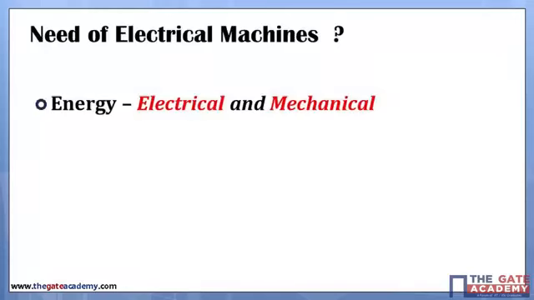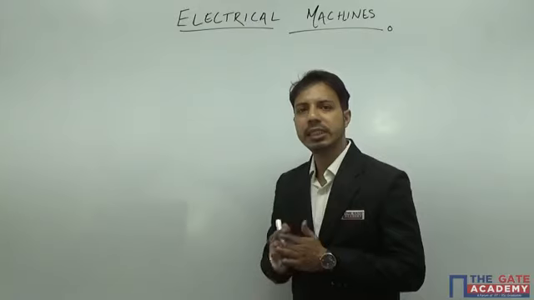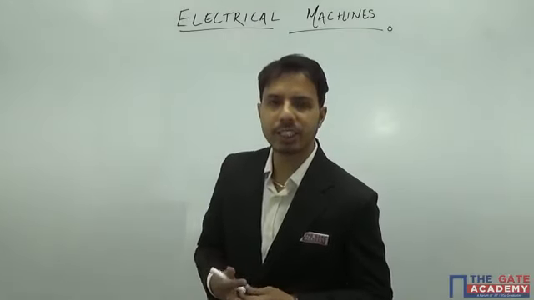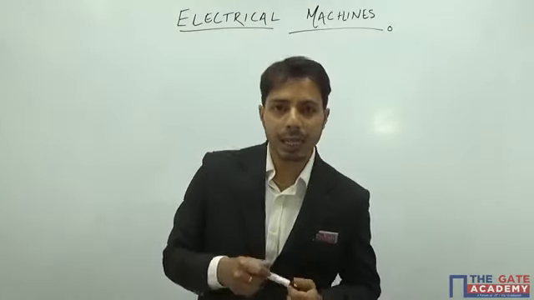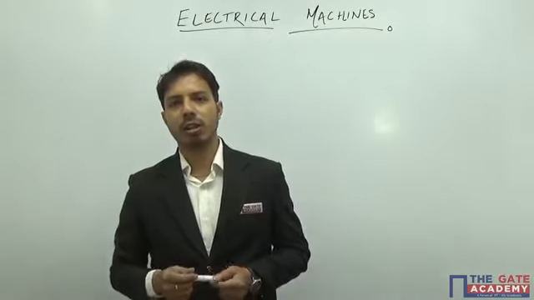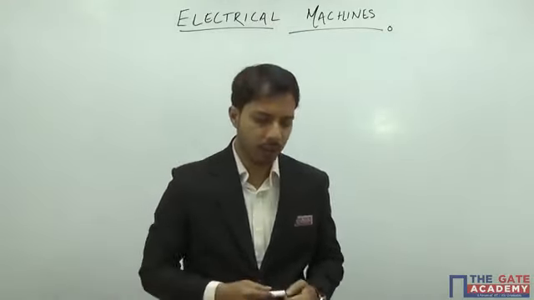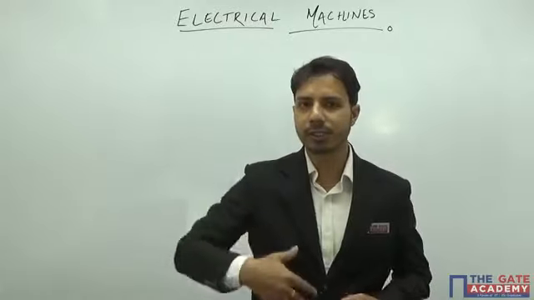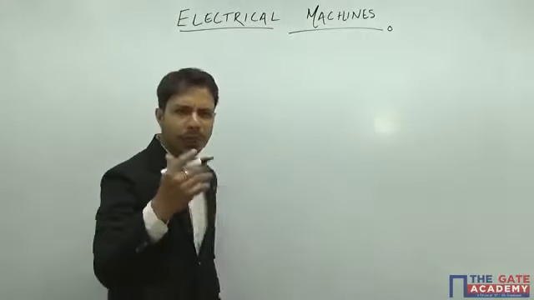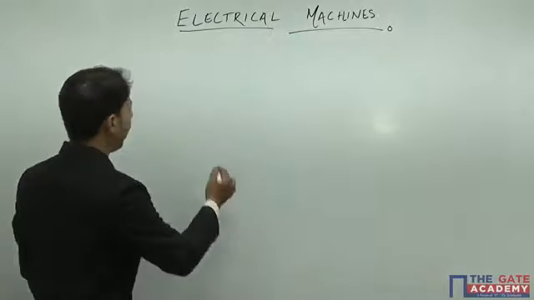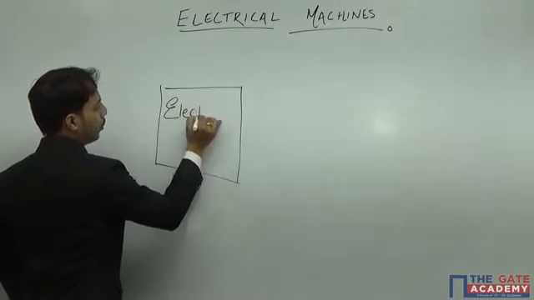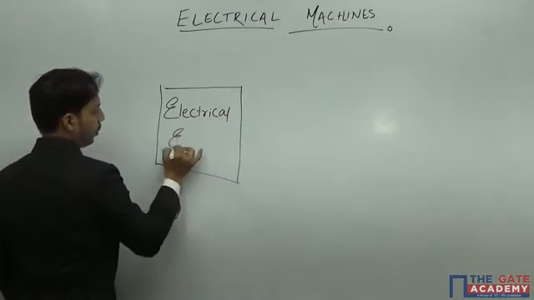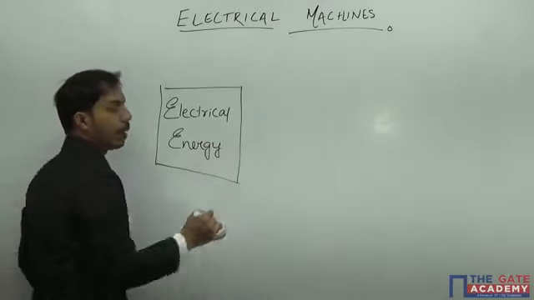So let's see what is the need of electrical machines first. Human beings need power or energy to survive. Now there are different forms of energy, for example, electrical energy, heat energy, mechanical energy, etc. For electrical machines, the energies we are concerned about are electrical energy and mechanical energy.